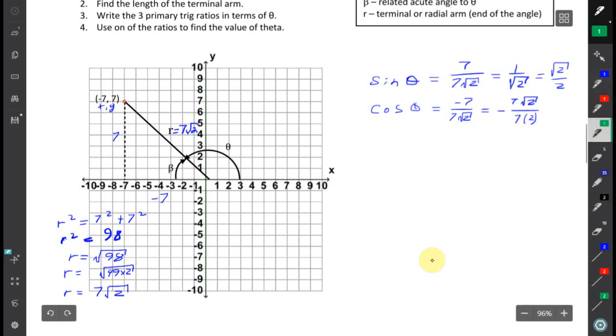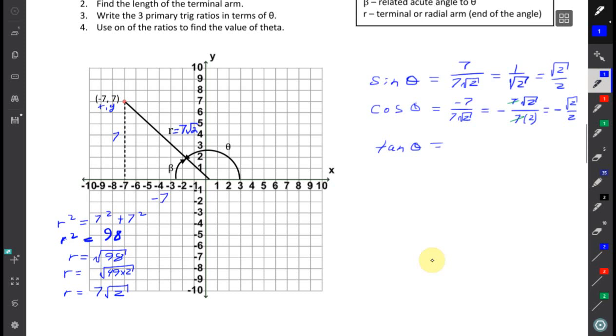This 7 cancels with this 7, so we can further reduce this. We have minus root 2 over 2. And this is what we would expect because, as we said, this is actually a special triangle. So looking at the tan of theta, I should already know that the size of it is 1, but we see here it's 7 over minus 7, opposite over adjacent, so it's minus 1.